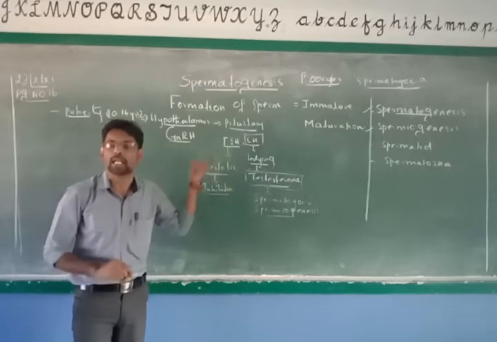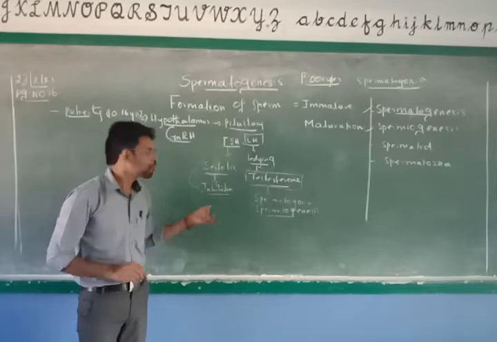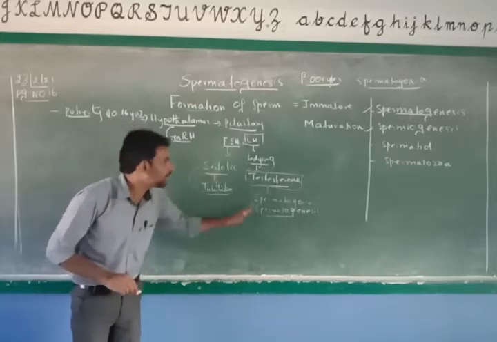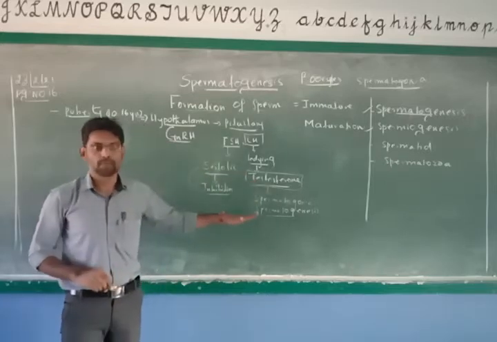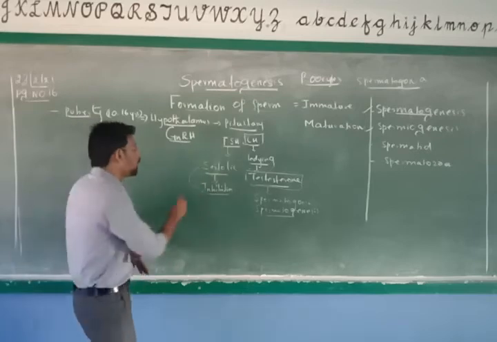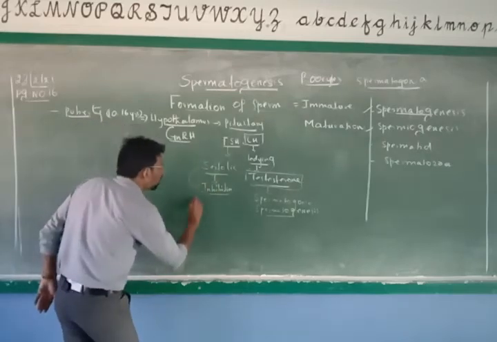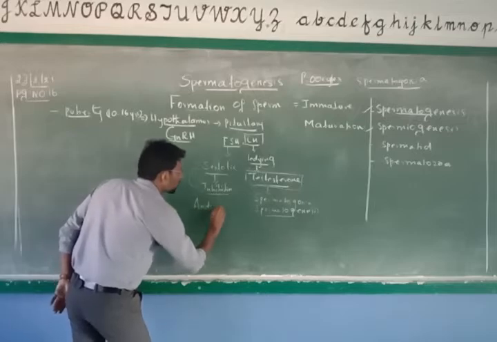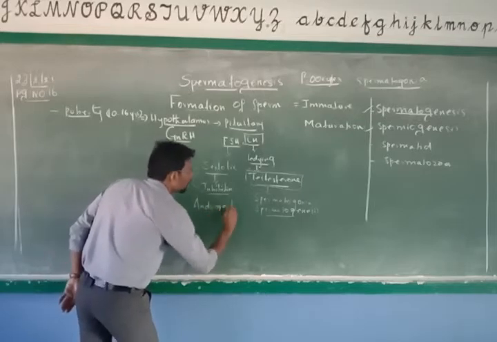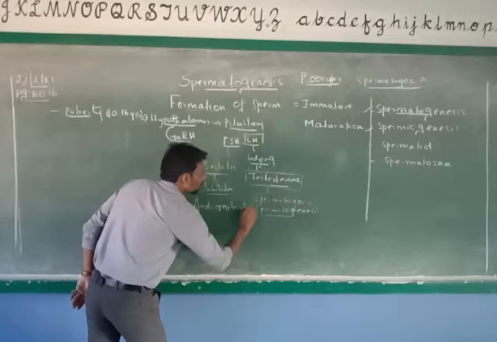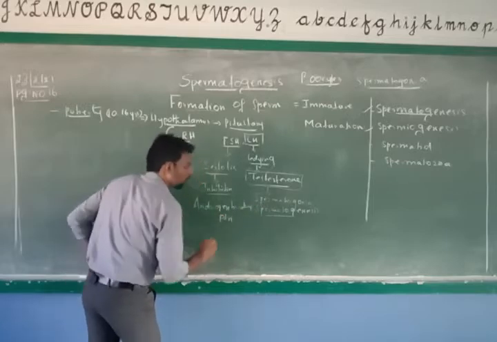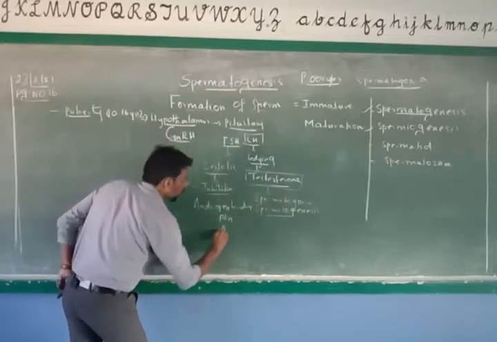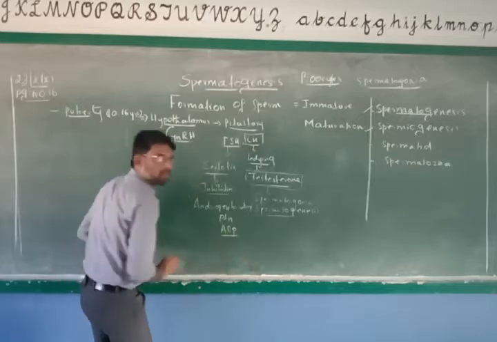In some books you will find inhibin, in some books inhibitin, but this hormone will inhibit the production of testosterone. Is that clear? Then it also has a protein called androgen binding protein. Androgen is a hormone, and this is a hormone binding protein, otherwise called ABP.